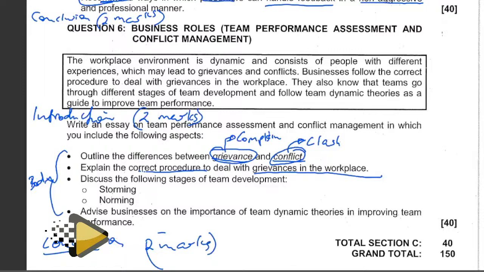What is your complaint? That's what you're saying when you say explain or elaborate on the meaning of a grievance. Also, the correct measures or procedures to deal with grievance in the workplace should be taken into account.